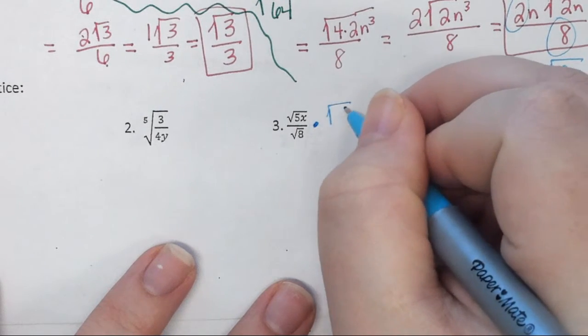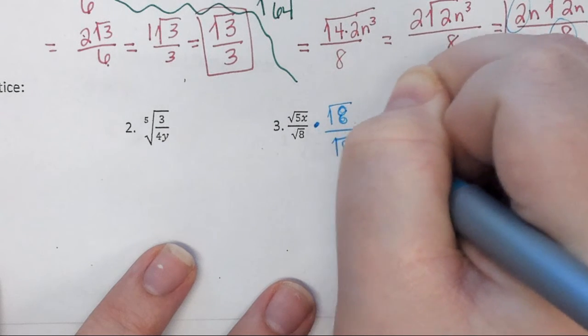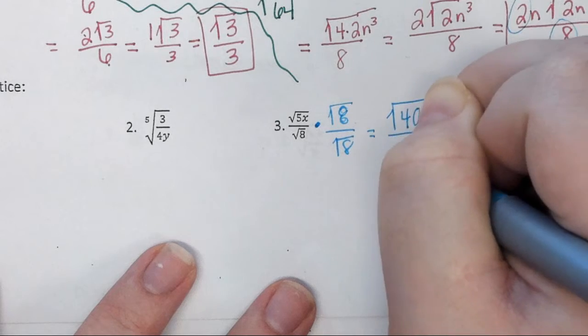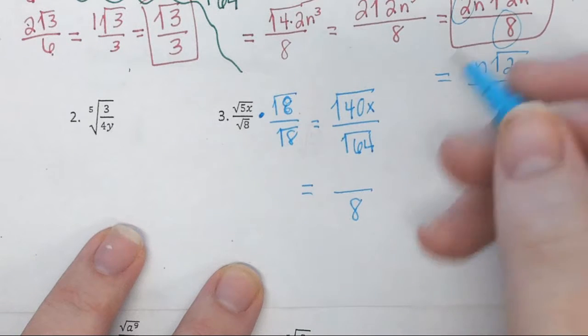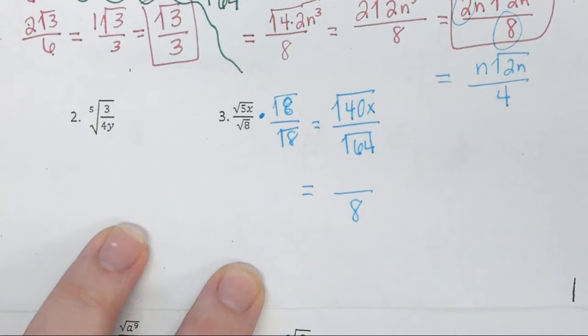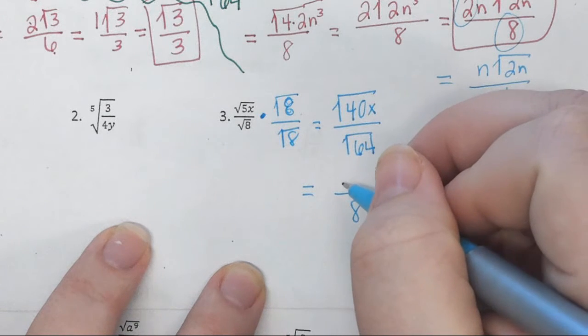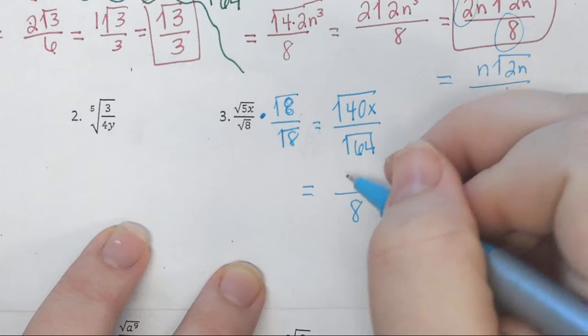So I'm going to multiply by square root of 8, because square root of 8 is what's bothering me. I'm going to have square root of 40x over square root of 64. But hey, I know the square root of 64 is 8. How can I break down that 40x? 20 is not a perfect square though. I need a perfect square.